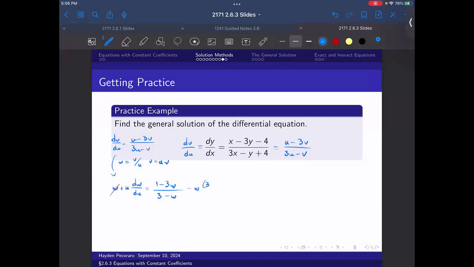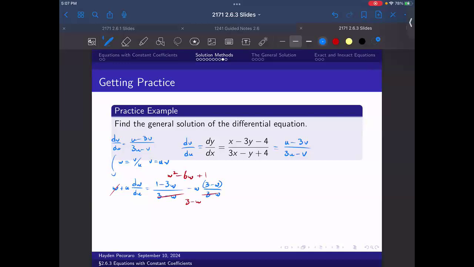We'll find a common denominator, and in the numerator we should get w squared minus 6w plus 1, and in the denominator we just have 3 minus w.